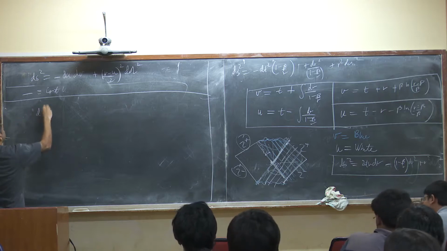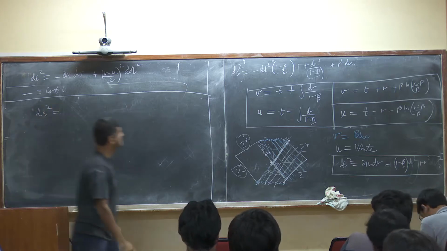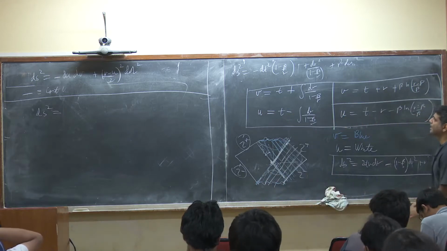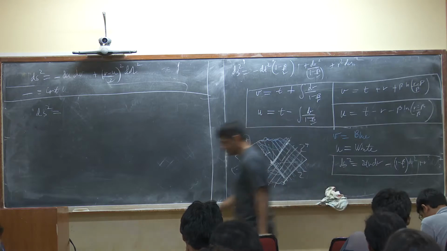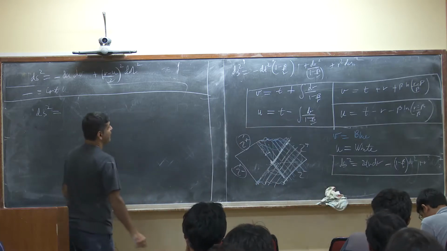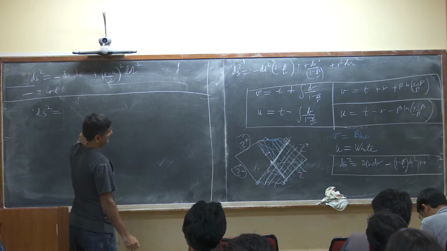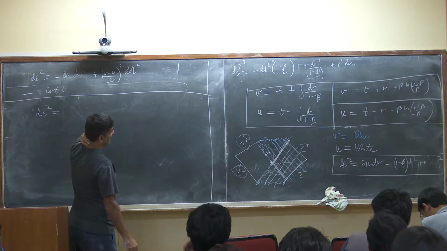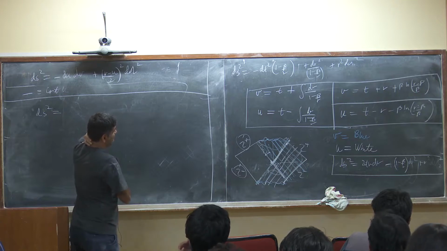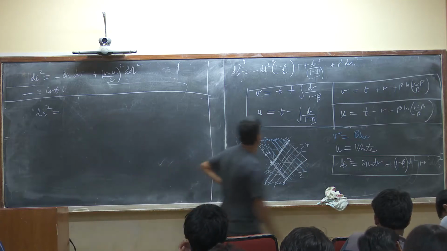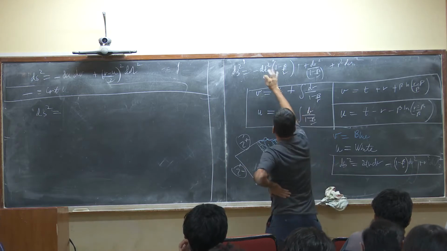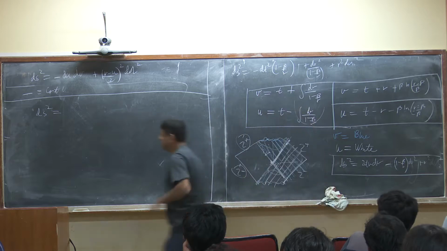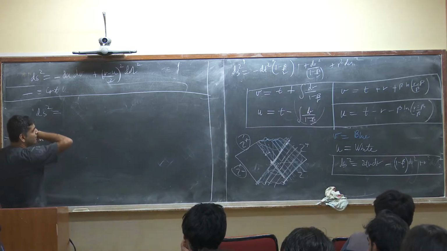Our metric is ds squared equal to, now let's see. Firstly, we have to figure out this part and we have to figure out this part. Now, this part is going to be what?